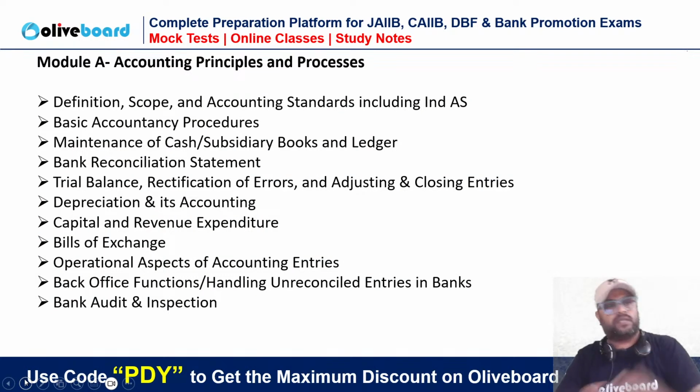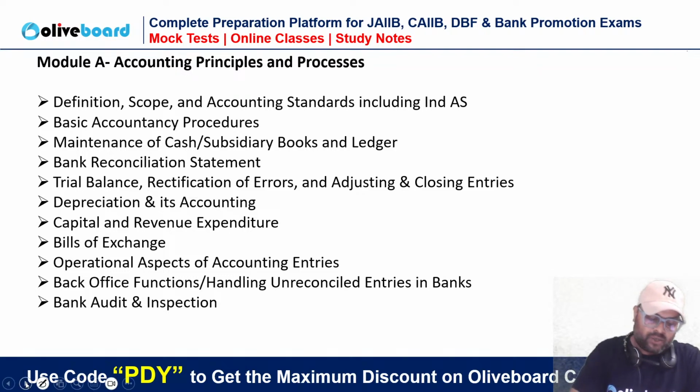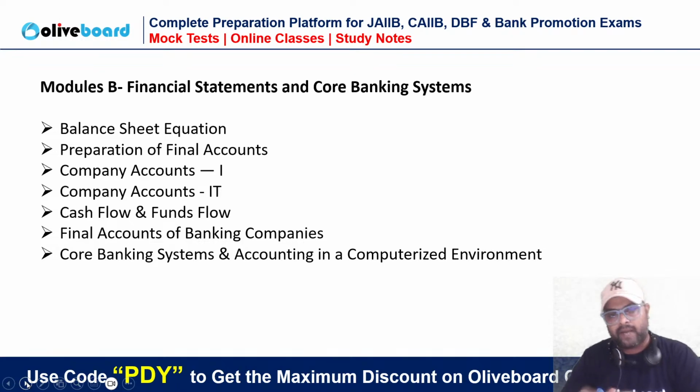Before going into the discussion related to the topic, you have 4 modules in your syllabus. Module A is all about basics of accounting, and around 10-11 chapters are there. When we talk about module B, the advanced level of accounting is there in your syllabus, and it has around 7-8 chapters in it.